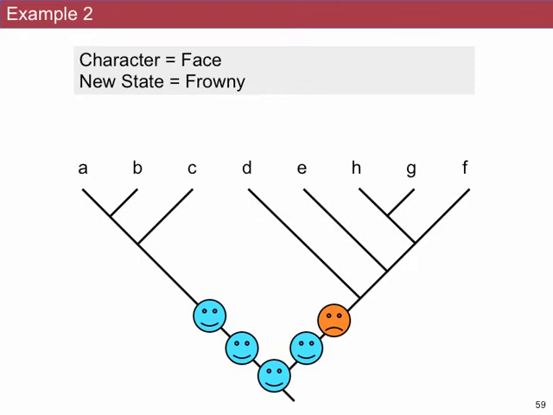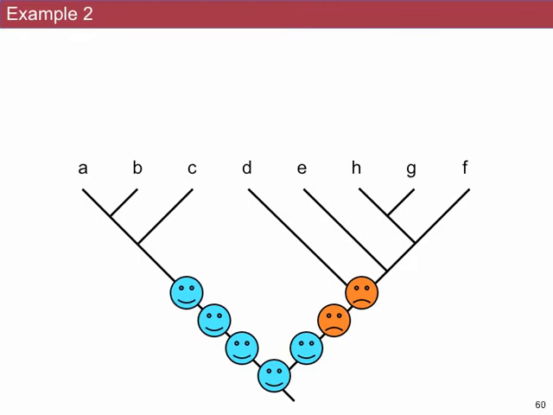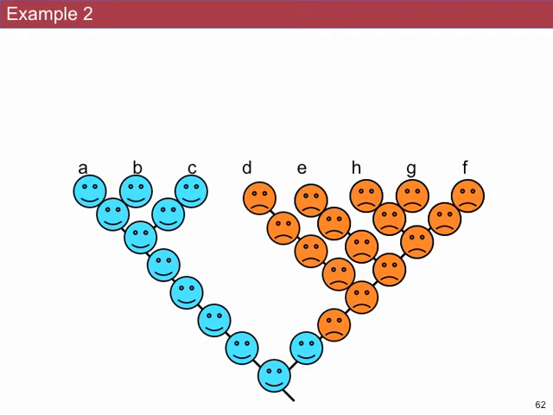We've simplified evolution by showing it, and we're just showing the change from one state to another, not all the nuts and bolts of what happened underneath that. But eventually there was a change from this one state to another state, and then all of the descendants after that change inherited what their ancestor had. So this entire clade got the frowny face, and this entire clade got the smiley face.